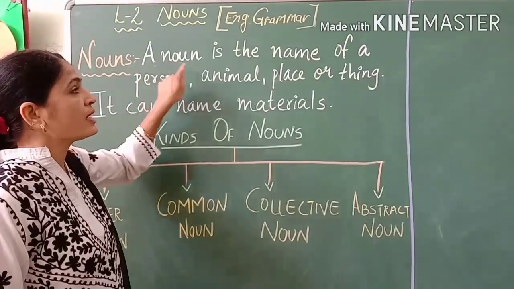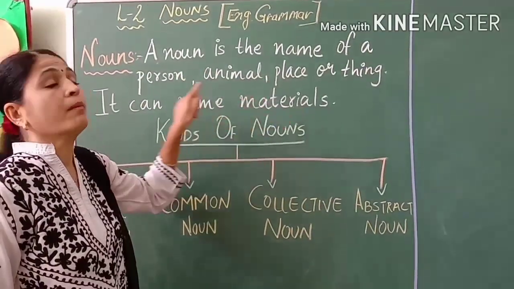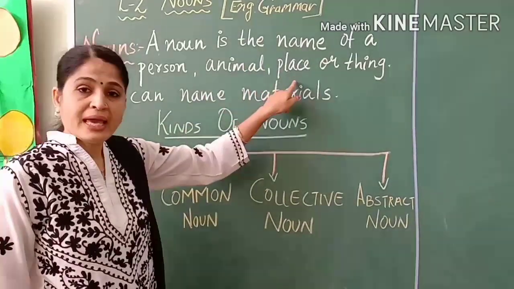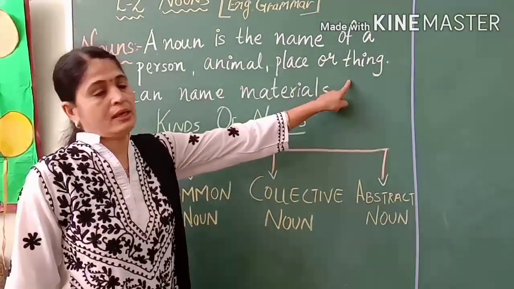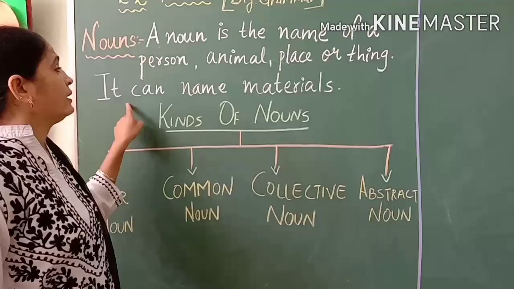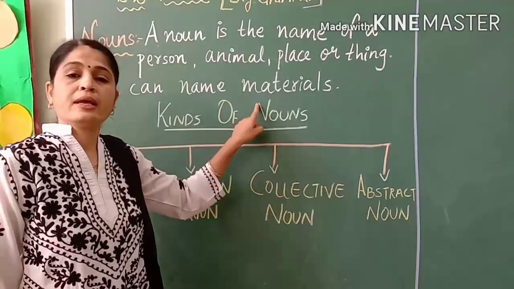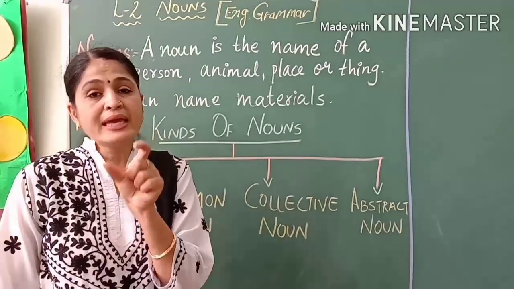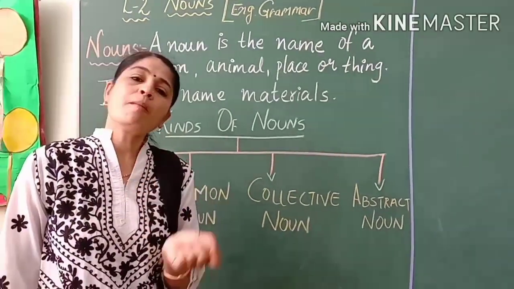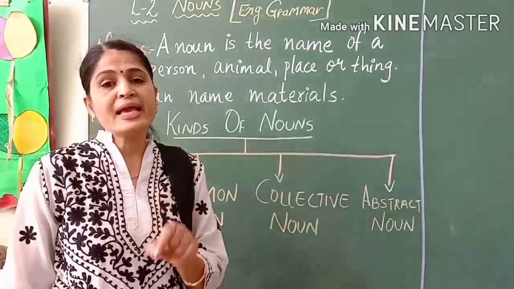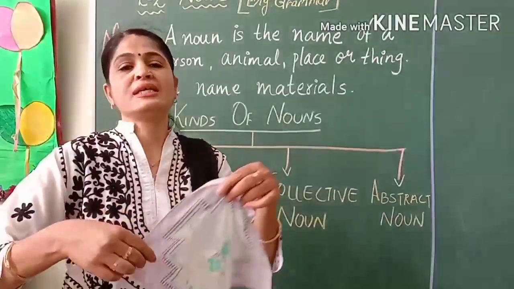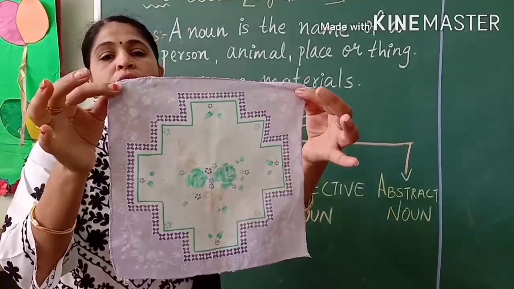A noun is the name of a person, animal, place or thing. It can name material. In brief, the name given by us to a particular thing is called the noun. Suppose this is a handkerchief.